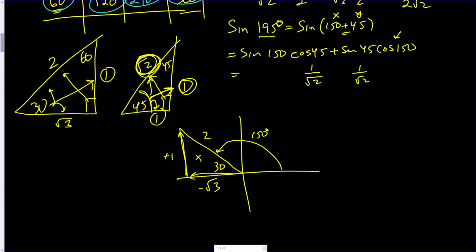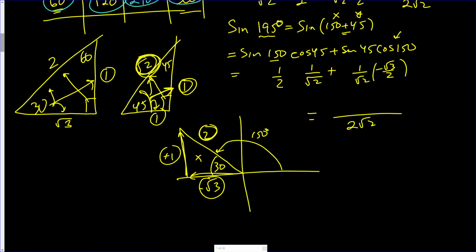Using this triangle, the sine of 150 is the opposite over the hypotenuse, plus, and the cosine of 150 is adjacent over hypotenuse, negative the square root of 3 over 2. So once again, the bottom is 2 square root of 2.